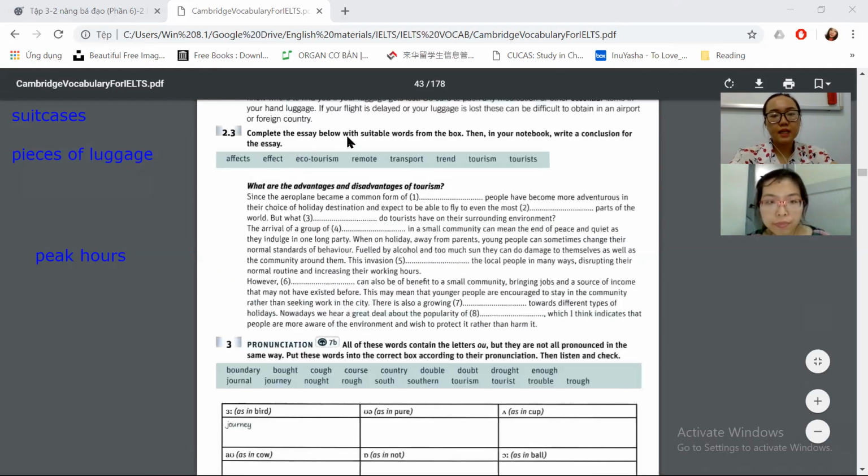Now 2.3. You will complete the essay below using the suitable words from this box.